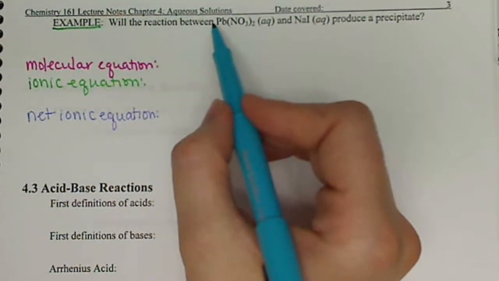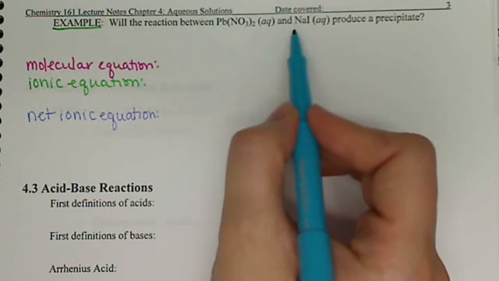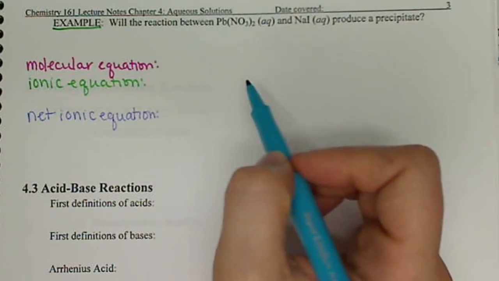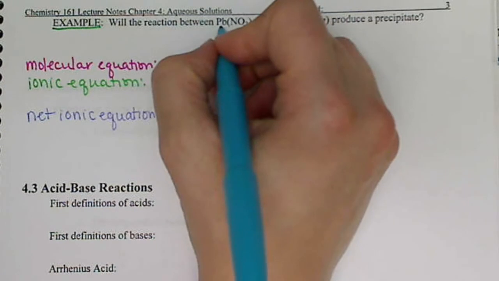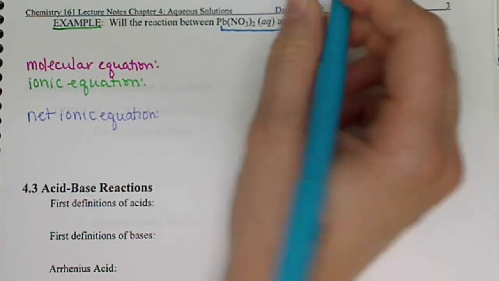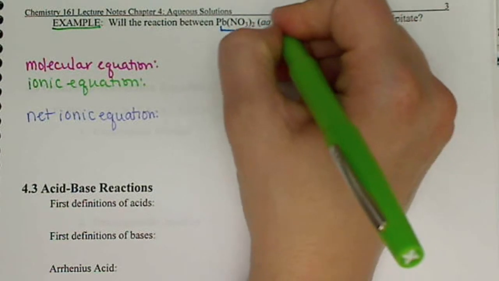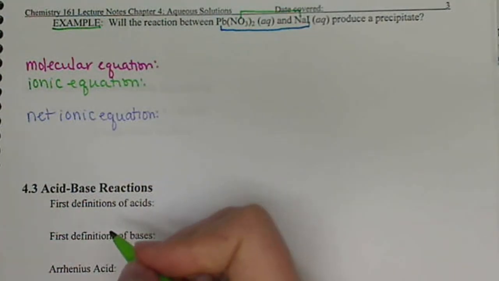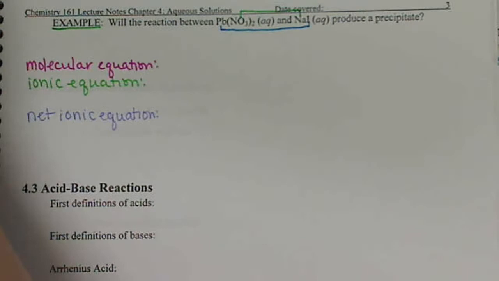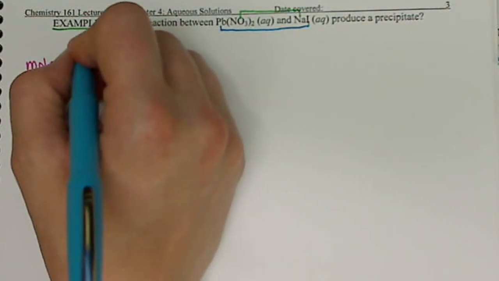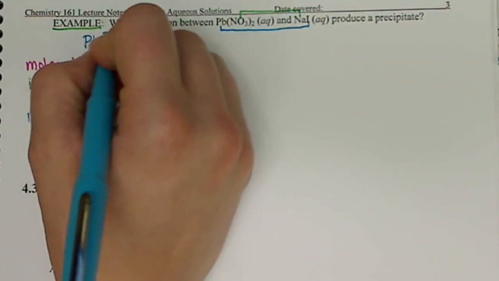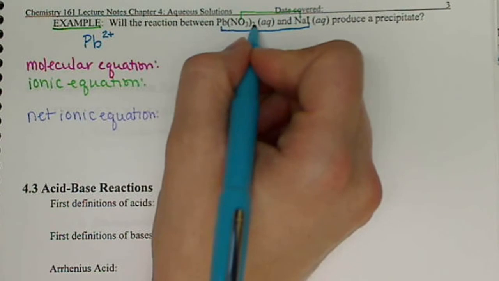So we're looking for the reaction between our lead nitrate and our sodium iodide. So again, our positive is going to meet with a negative, or positive with the other negative. So we have to figure out our ions. Lead is a 2+, and that's from doing the reverse charge.